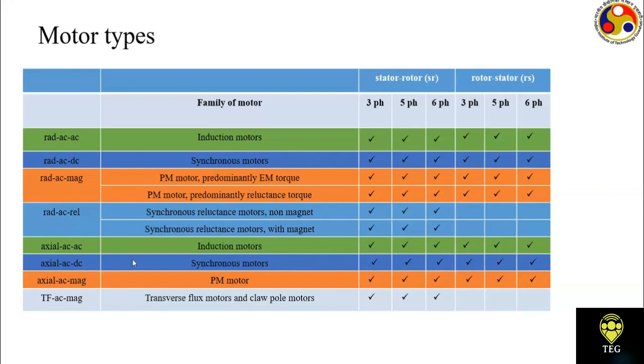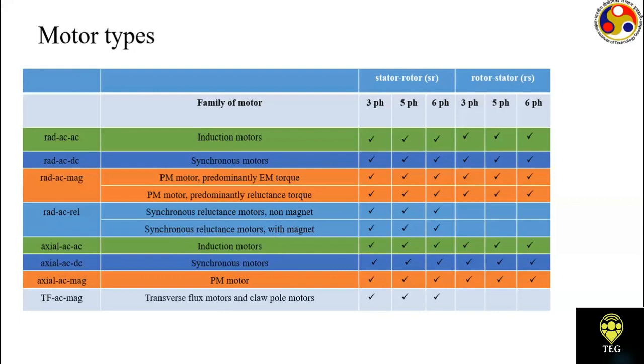Now, there is one more category of machines, which we saw already: the direction of the flux is radial, the stator gets an AC excitation, and the rotor is purely a reluctance type rotor. These are known as synchronous reluctance motors without magnets, or synchronous reluctance motors with small magnets. Sometimes we use a very small amount of magnets in synchronous reluctance motors to increase their torque.